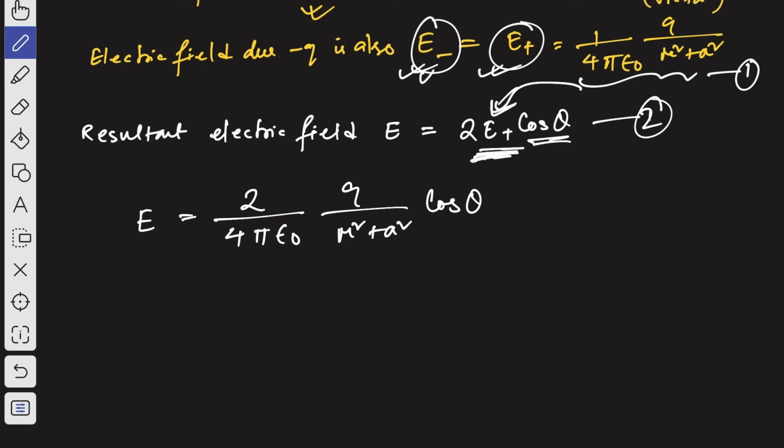So what we have done is replaced E positive by this value of E positive. Hope you have understood this. We have used 1 in 2.